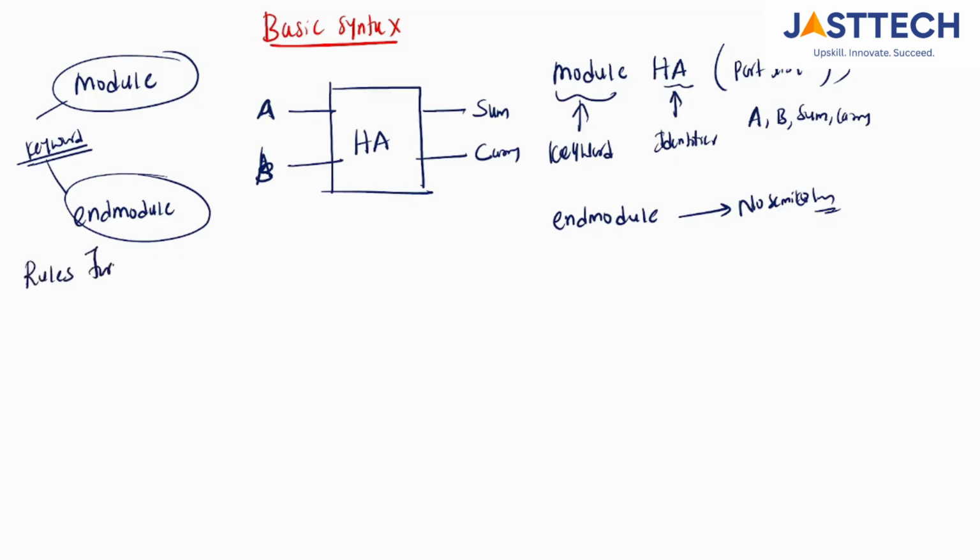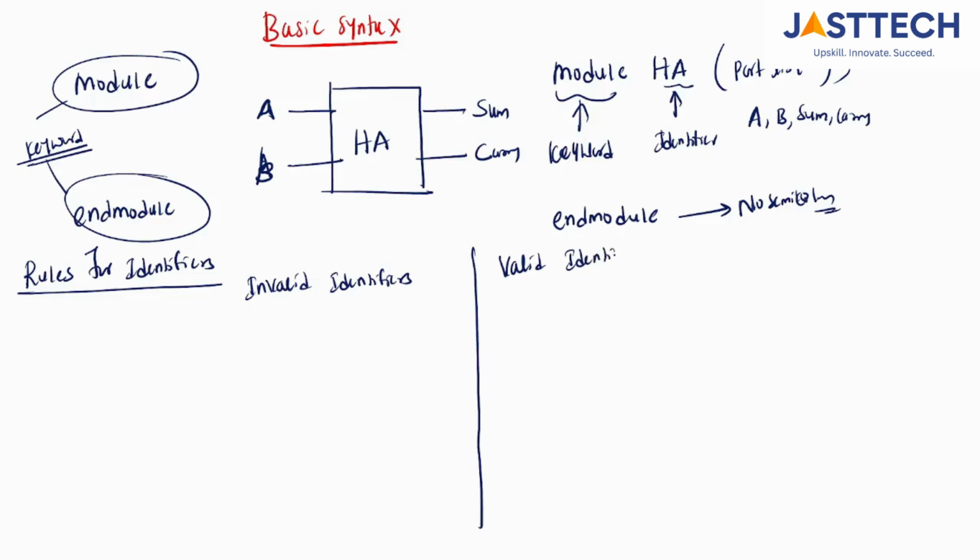Rules for identifiers. What are the rules for identifiers? You have invalid identifiers and valid identifiers.